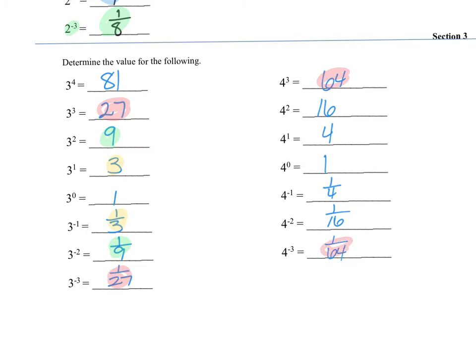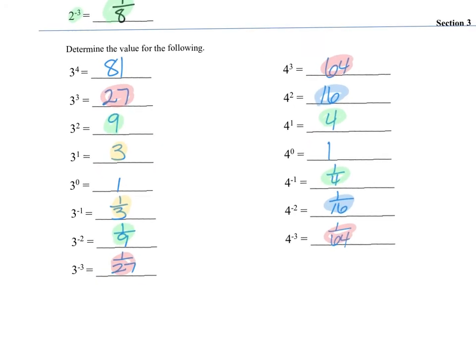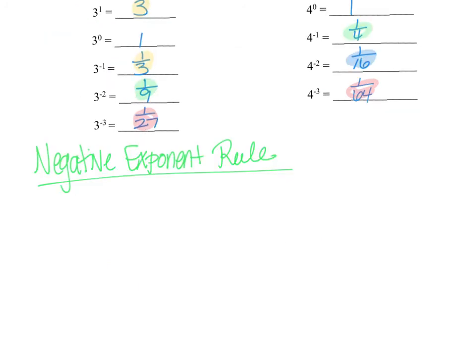All right, so something is happening when I have those negative exponents that's very similar to what's happening when I have a positive exponent. And I want us to write down what the rule is if I have a negative exponent. So the negative exponent rule tells us that we are not allowed to have a negative exponent.